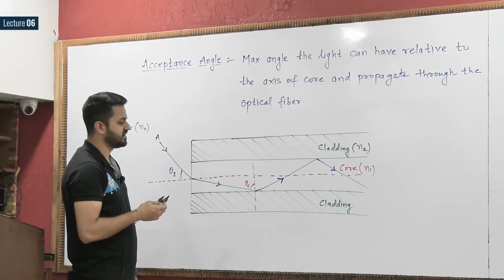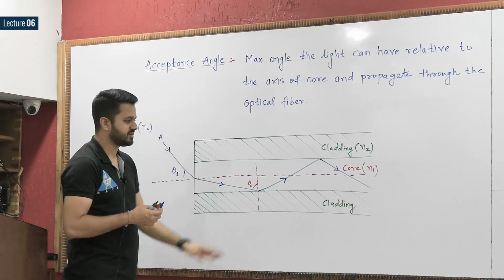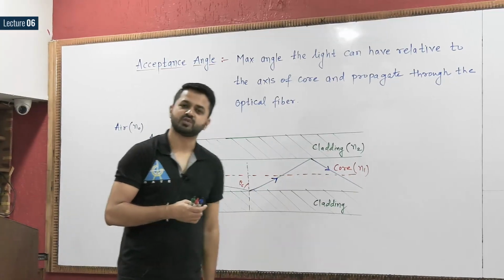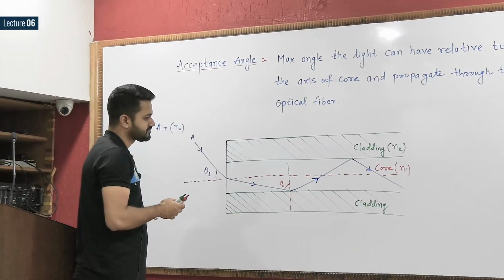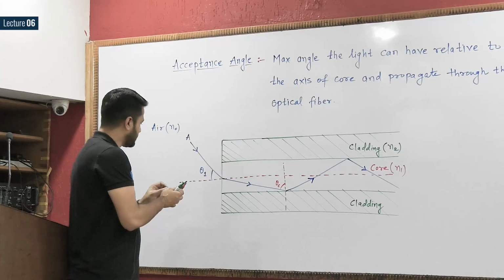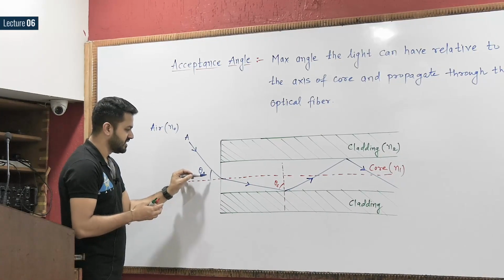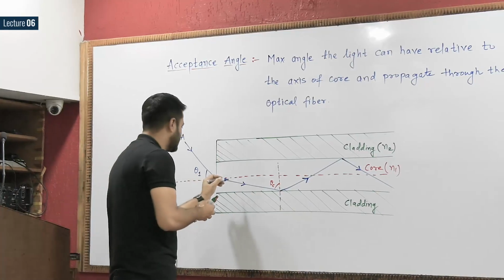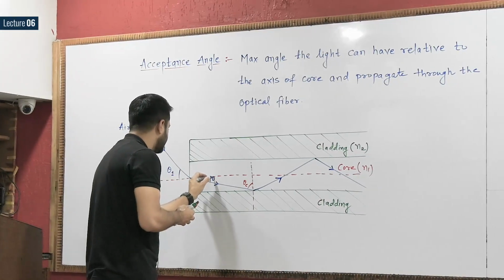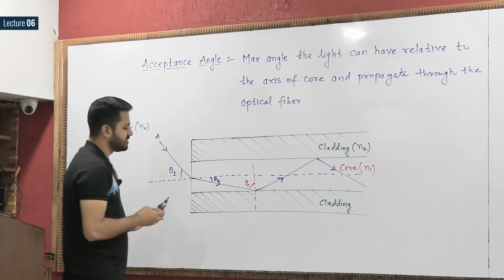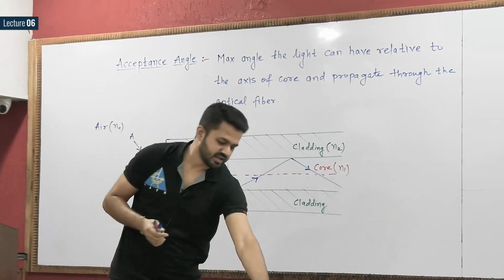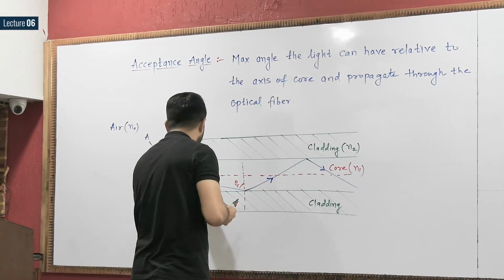It will not go into the cladding part. Now suppose this angle is θ1. If the angle of incidence is θ1, then the angle of reflection, suppose, is θ2. So this is the angle of reflection.